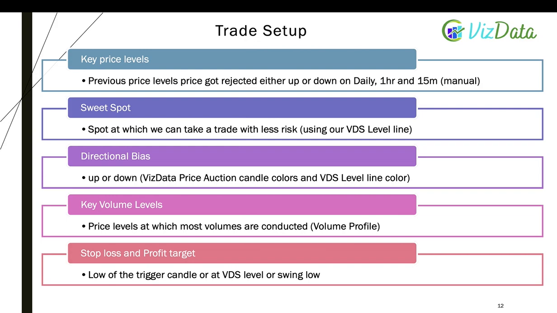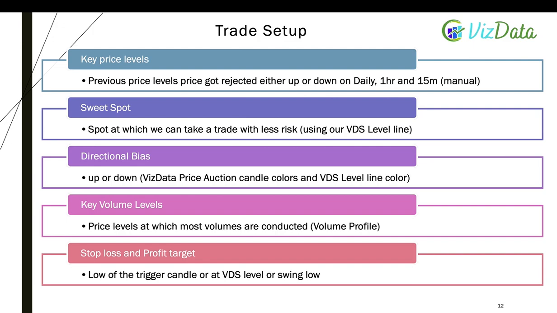It's not that it must react, but it's a high probability that it can react at that same level again, right? So we need to understand the key price levels, one, right?